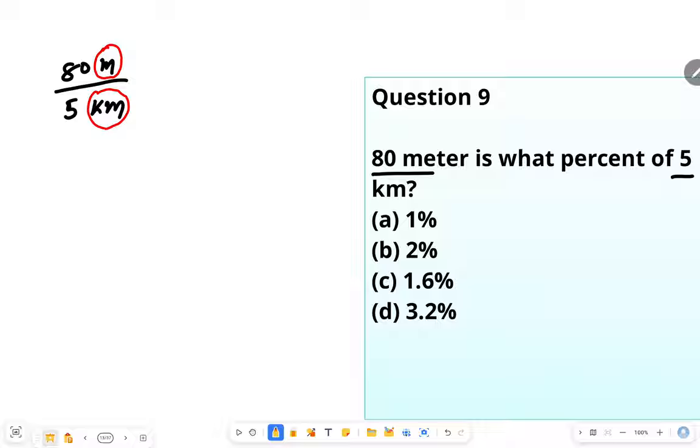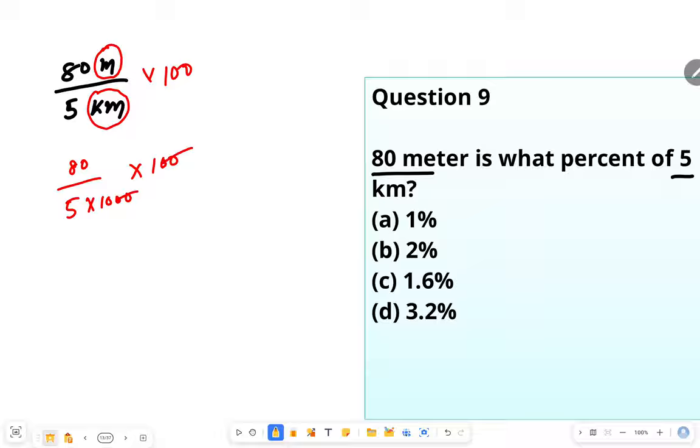Many students simply write it and then multiply it with 100, which is incorrect, right? We need to take the same unit. So let's do that. 80 upon 5 into 1000, now multiply by 100 to change into percentage.